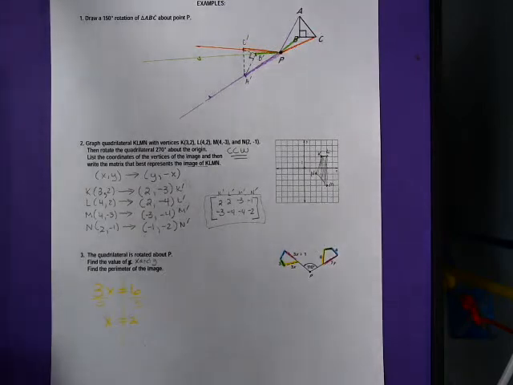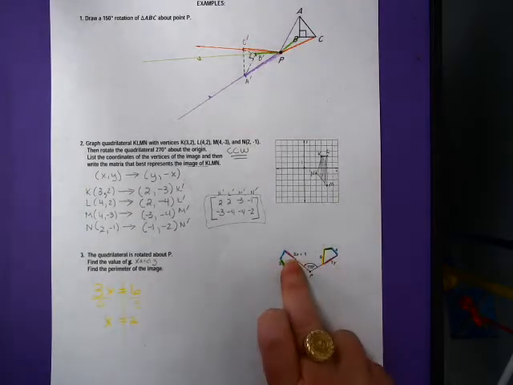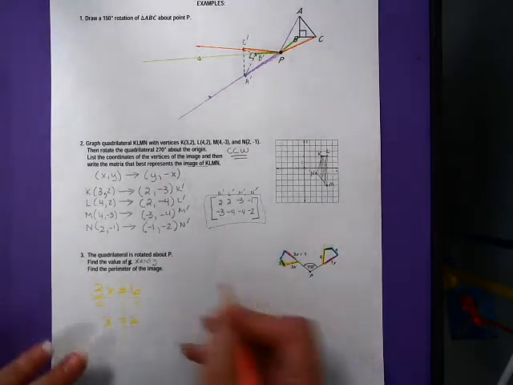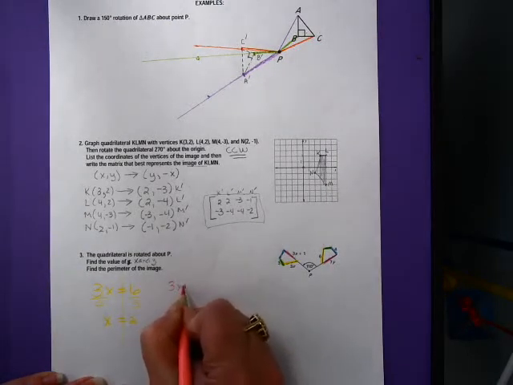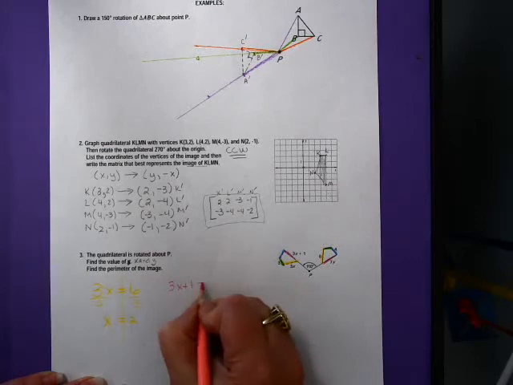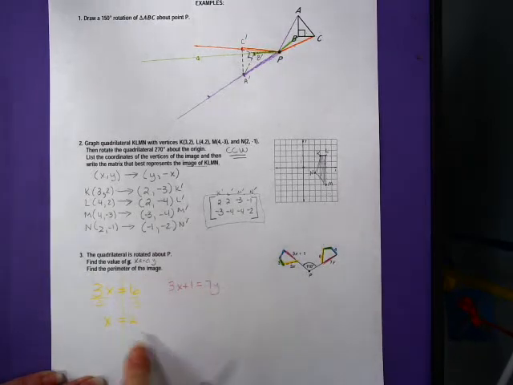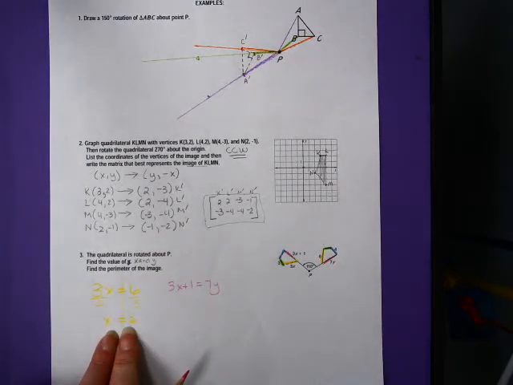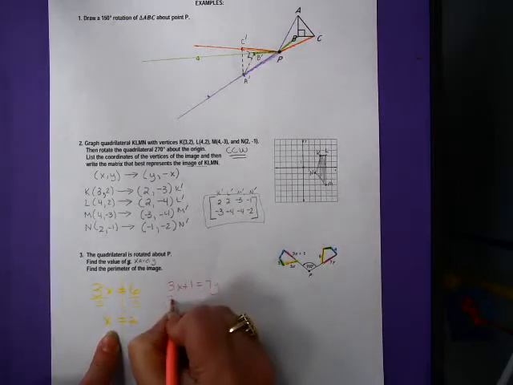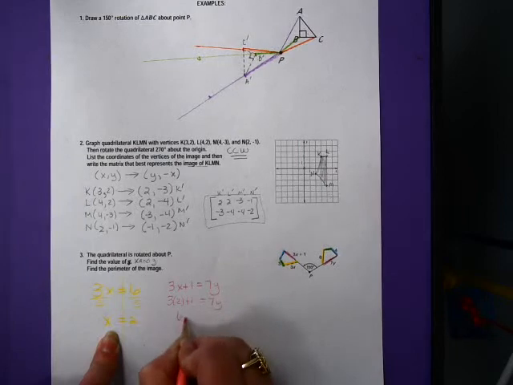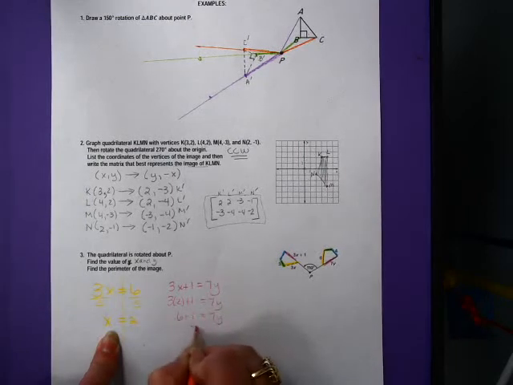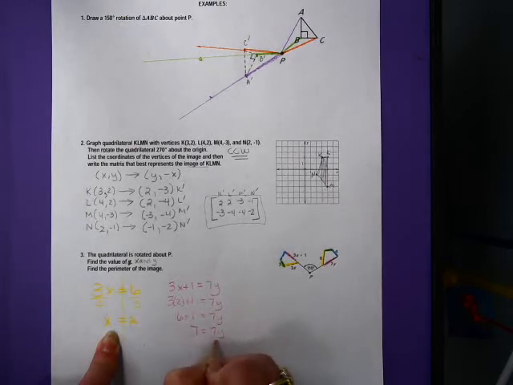Next, I'm going to put down the pink one. The pink one says that 3x plus 1 is equal to 7y. Well, I know x is 2, so I plug that in. That's going to be 3 times 2 plus 1 equals 7y. 6 plus 1 equals 7y. 7 equals 7y. Divide both sides by 7. I get y equals 1.